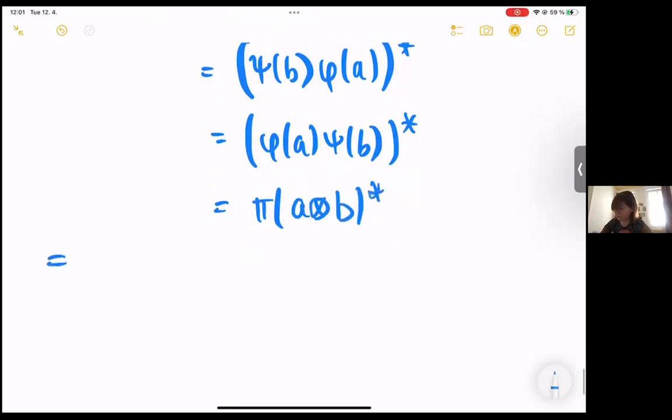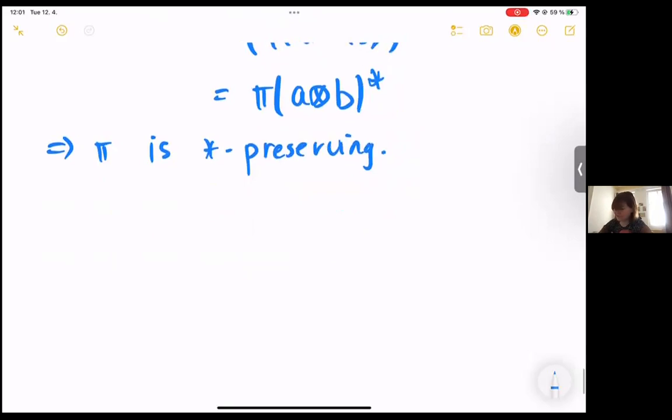So star preserving. Multiplication is similar. And again, it really relies on the fact that the images of these two maps commute.